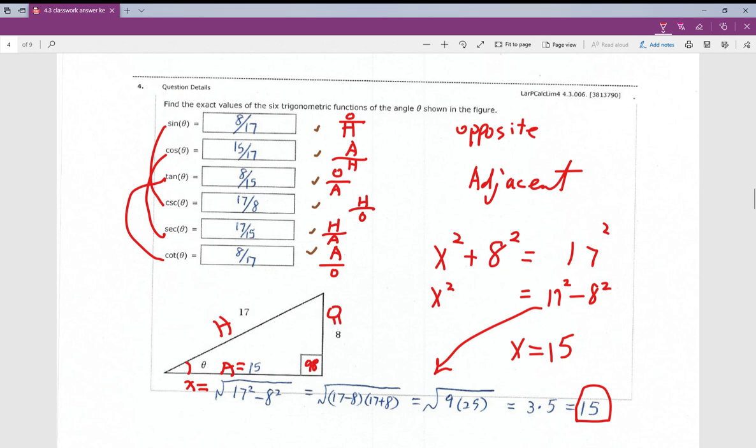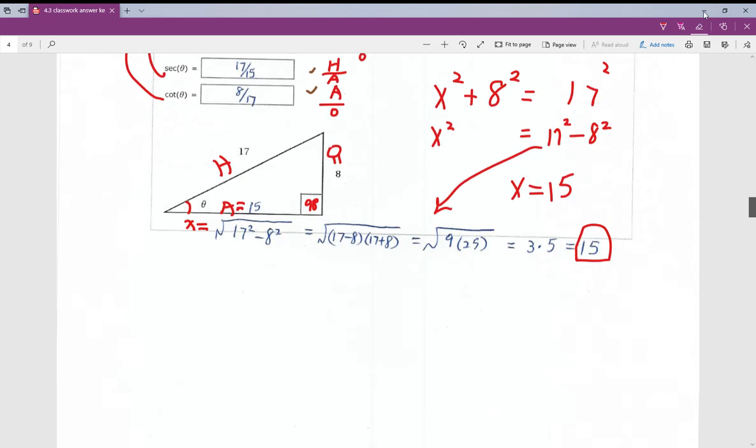Therefore, you may easily plug in your answers. Sine is opposite over hypotenuse, 8 over 17. Adjacent is here, right? So you can just do it. Follow the formula. I will let you try by yourself.